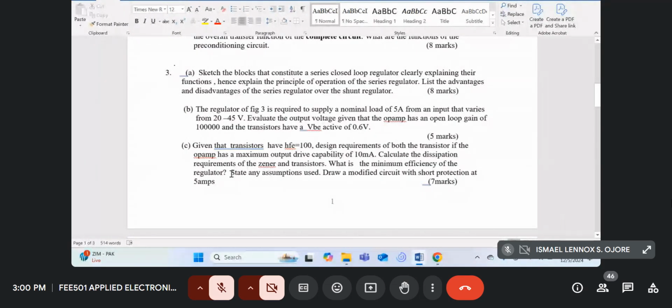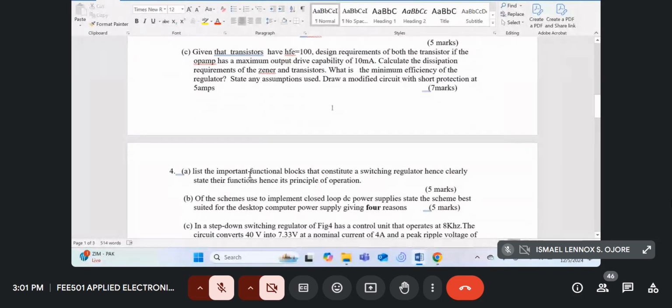Calculate the dissipation requirements of the Zener and the transistors. What is the maximum efficiency of the regulator? And state any assumptions used. Draw a modified circuit with your circuit protection at 5 amps. So this is the equation.